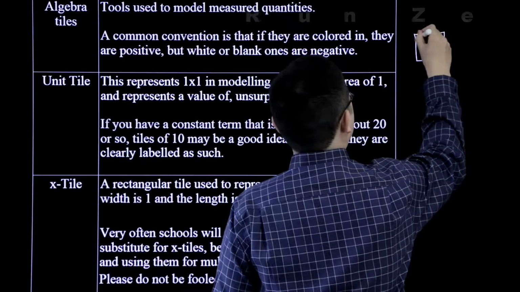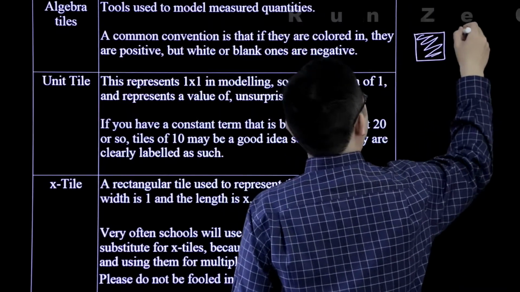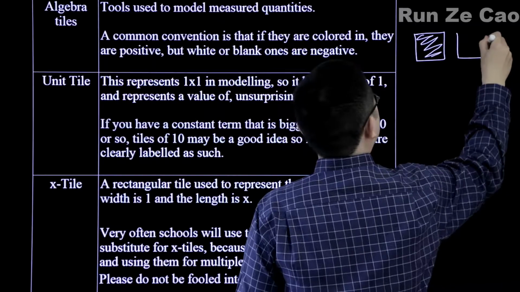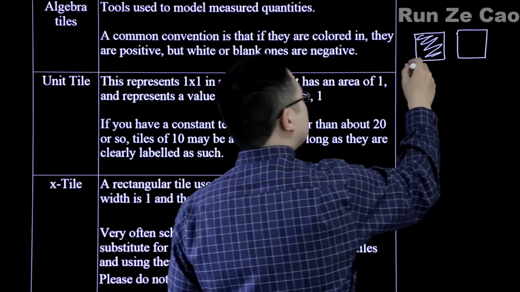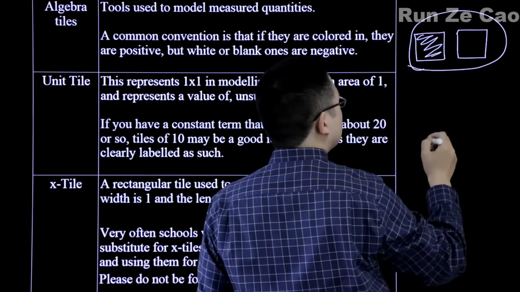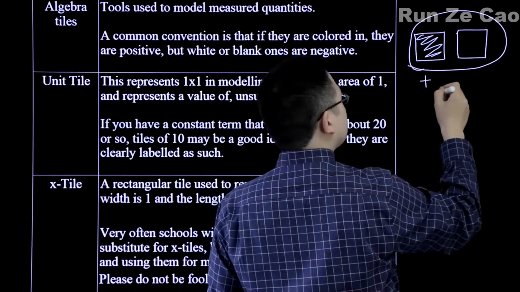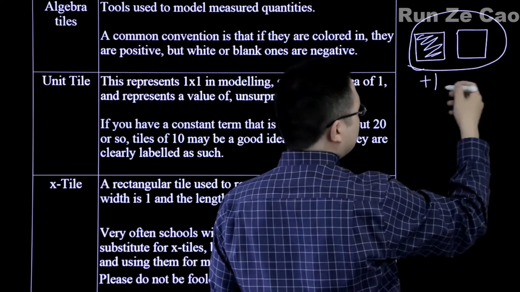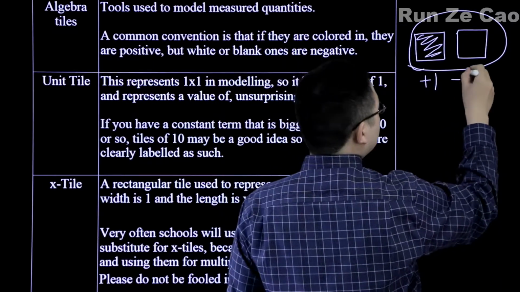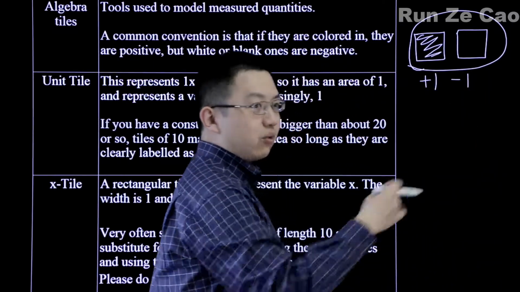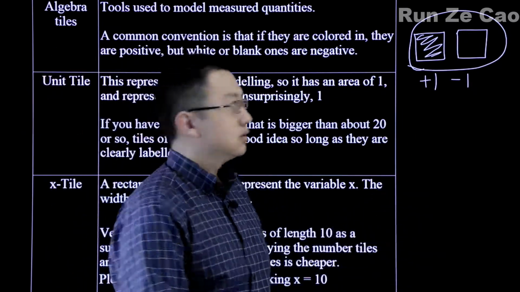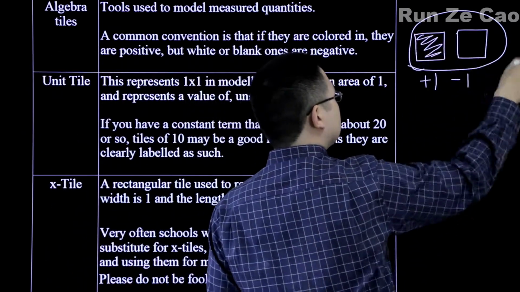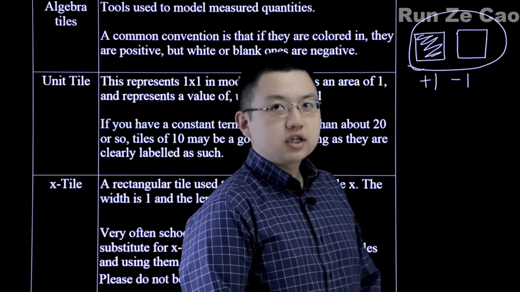So when we draw them, we can represent them like this, and blank ones be negative. Now, what do these two add together to be? Oh, look, plus 1, or maybe it's 1x squared, minus 1. If we add 1 and then we take 1 away, nothing changes. So these can be removed. They can cancel each other out.